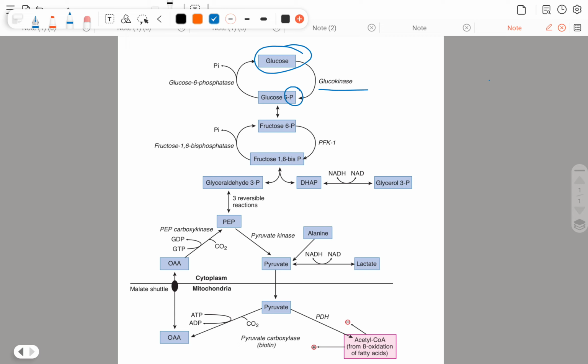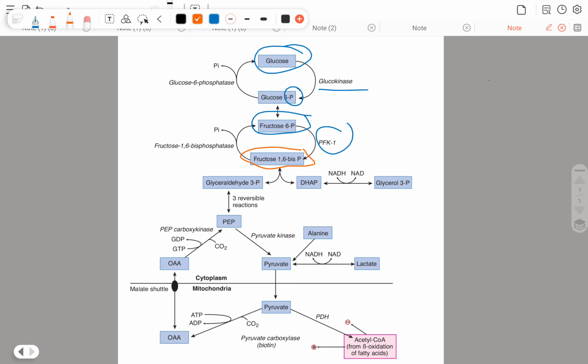After that process, glucose 6-phosphate converts to fructose 6-phosphate, and by phosphofructokinase 1, the fructose 6-phosphate converts to fructose 1,6-bisphosphate.